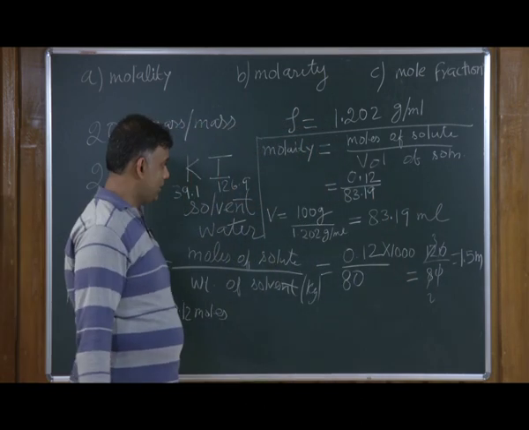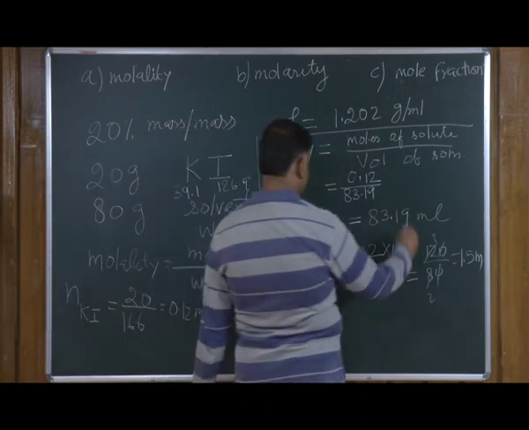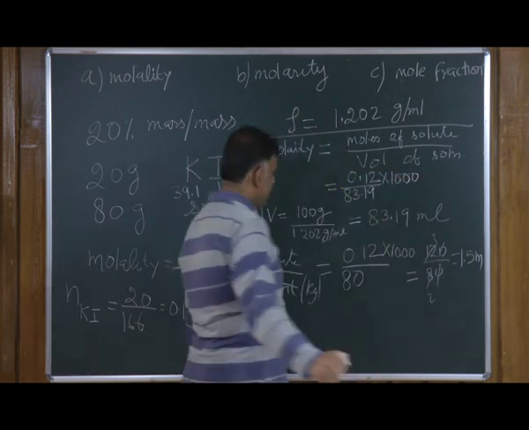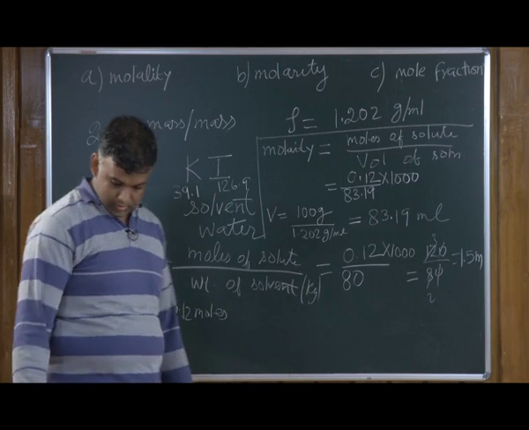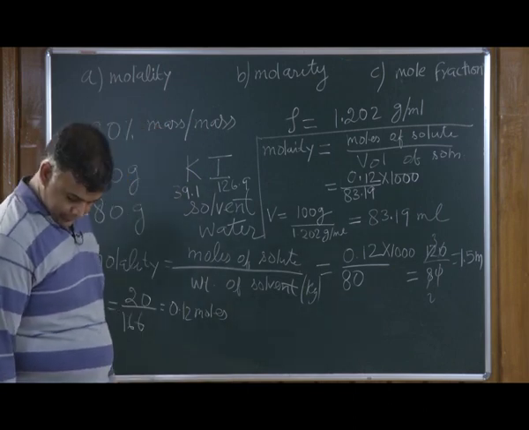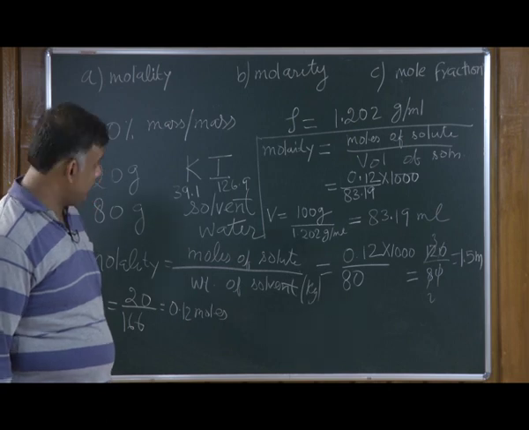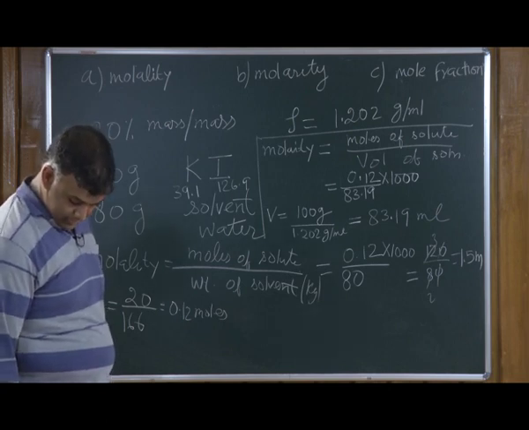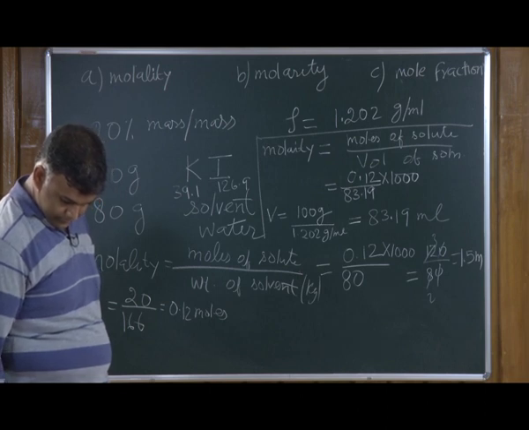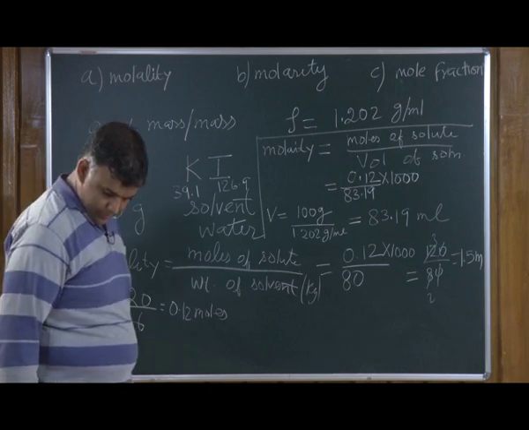But I need to convert that milliliter into liter, so I just do that by dividing by 1000. Let us do this calculation. 120 divided by 83.19 is 1.44.